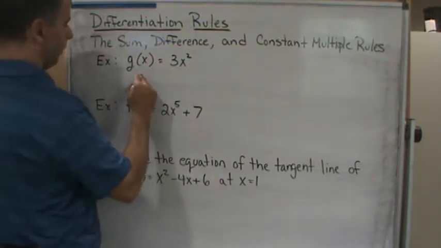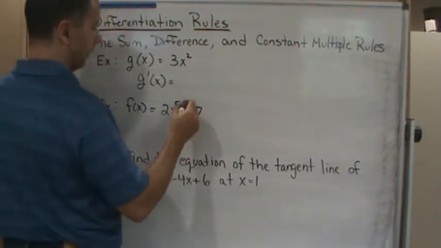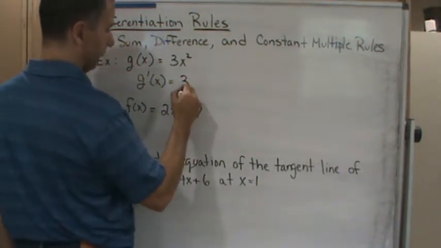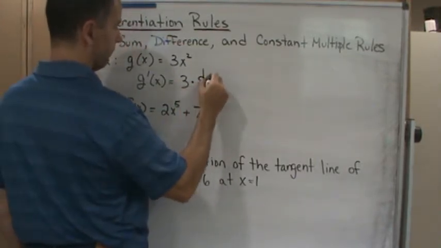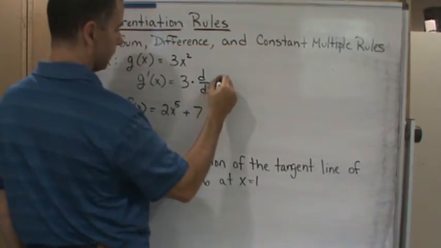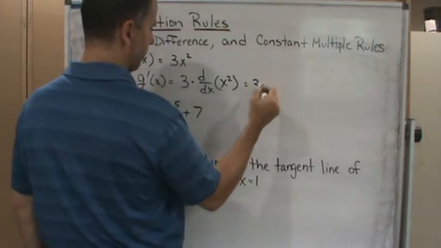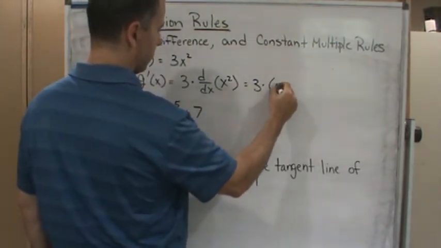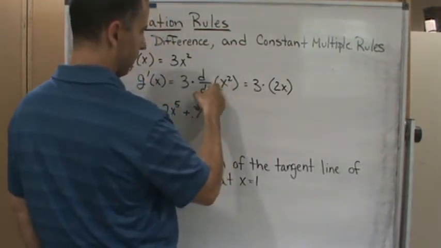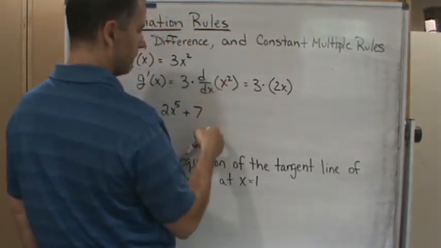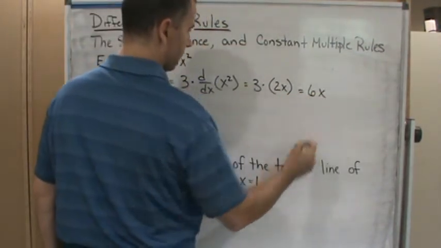Okay, so g prime of x will equal what? 3 times the derivative with respect to x of x squared, which is going to be 3 times, what's the derivative of this? This is going to be 2x, right? Because we take the exponent down in front, then we decrease the exponent by 1. And so then this gives us 6x.